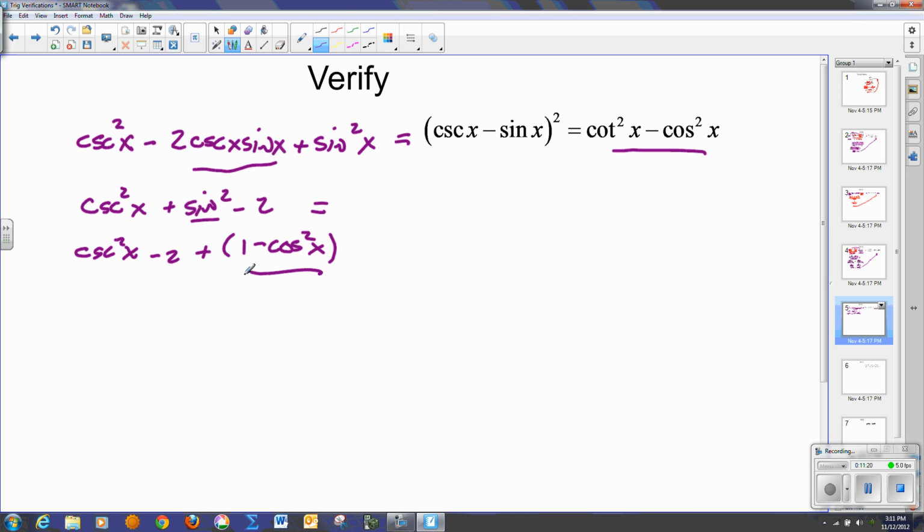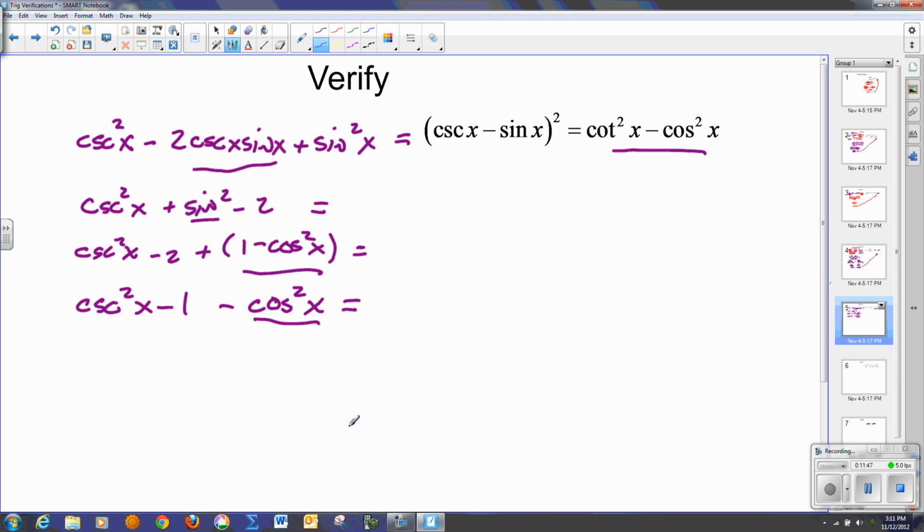And that comes from the sine squared identity. Now you'll notice I have 1 minus 2, which is negative 1. So I have cosecant squared x minus 1 minus cosine squared of x.